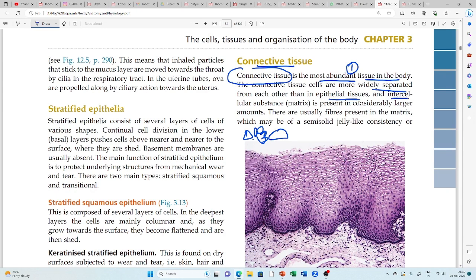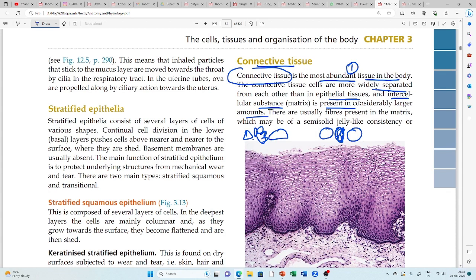And intercellular substance is present in considerably larger amount. What is meant by intercellular substance? The substance present between these cells, this fluid or substance, is called intercellular substance or intercellular matrix. It is in large amount because the cells are loosely arranged. There is a space between cells, so some fluid or matrix or jelly-like substance will be present between these cells.